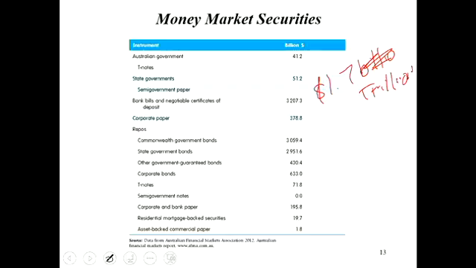And when you see the amount of trading, like say in this one here in the bank bills, this is over $3 trillion worth of bank bills traded each year. So that's like twice the size of the actual Australian economy. Here the repos down here, $3 trillion in government bonds and another almost $3 trillion in state government bonds. There's an enormous amount of trading going on in these markets. Lots of trading going on here. So when we're looking for liquidity, they are the most liquid markets there are.